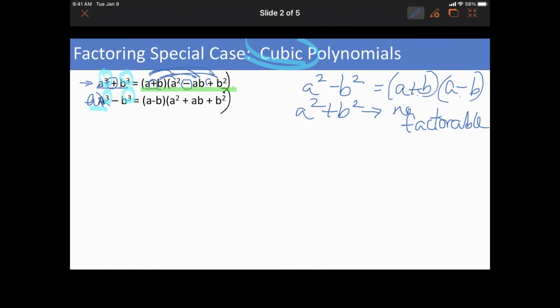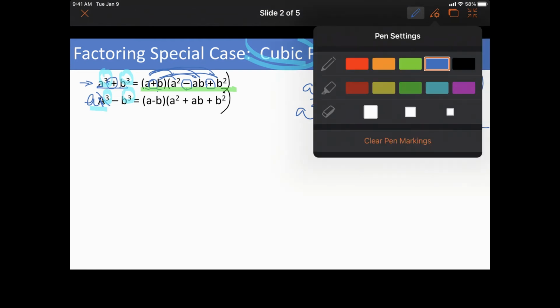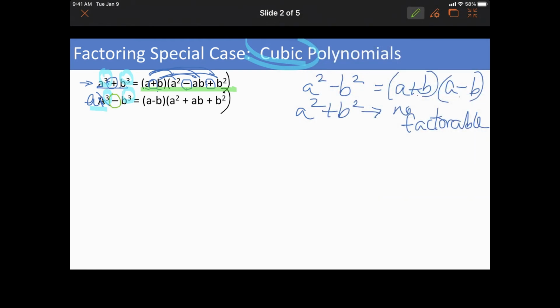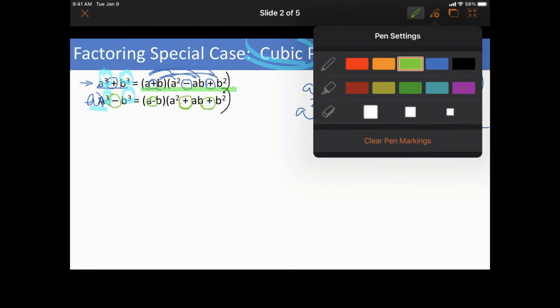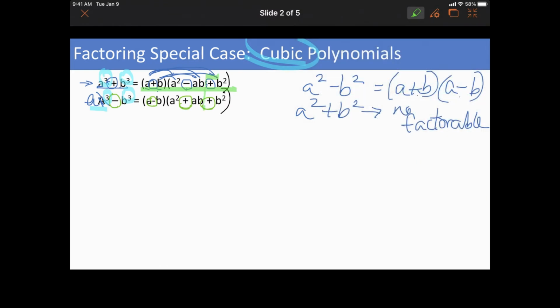And then this one is always addition. So if we look at the next one, the minus, the first one's the same sign, and then this is the opposite sign, and then this is addition. So this last sign will always be addition.